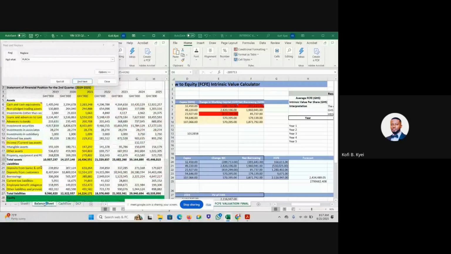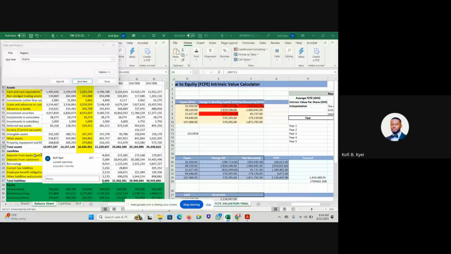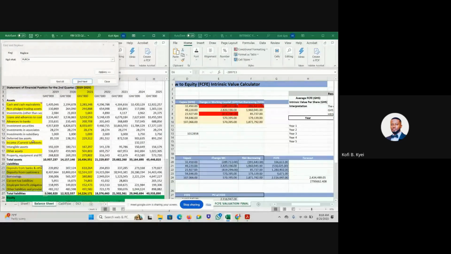balance sheet approach, so current liabilities, the yellow ones are the current liabilities. All right, and these are the current assets. What you realize is that the whole of the change in working capital will come out as negatives.